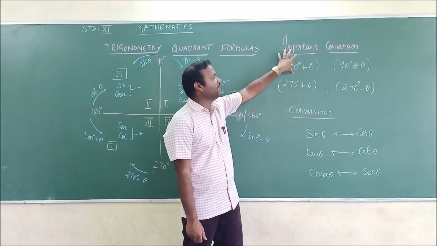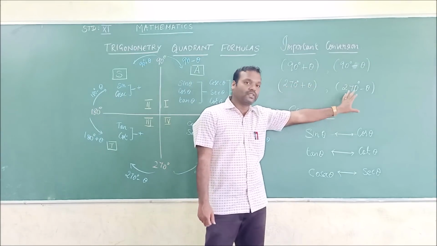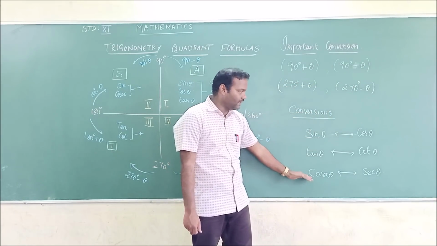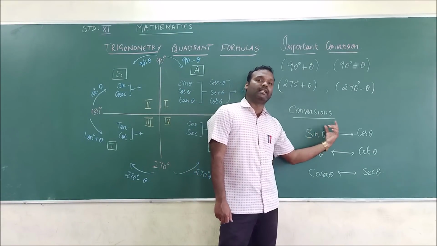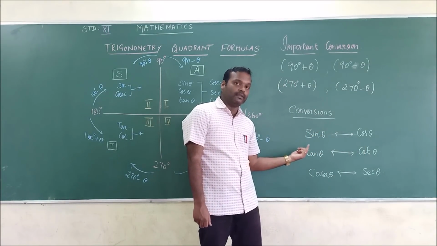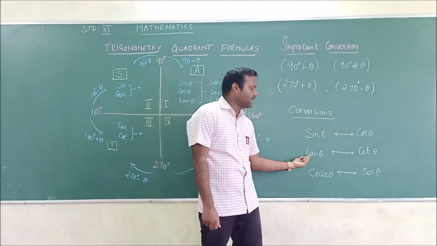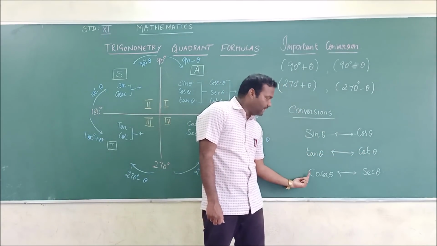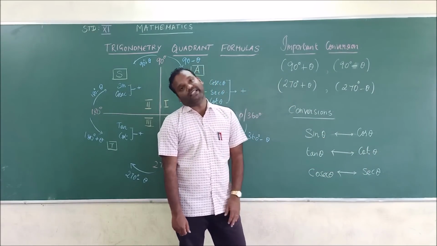What is the conversion? You have to change sin theta into cos theta and cos theta into sin theta. Next, tan theta into cot theta and cot theta into tan theta. Next, cosecant theta into secant theta and secant theta into cosecant theta.